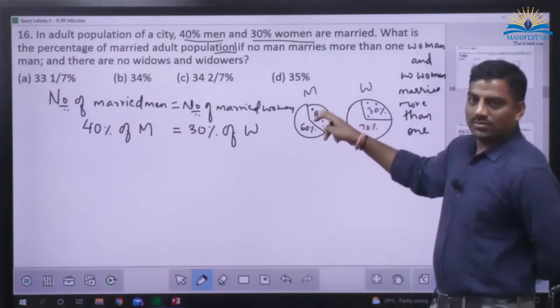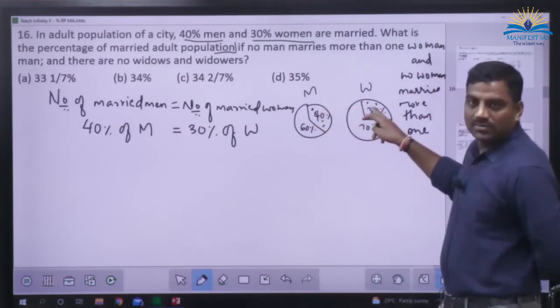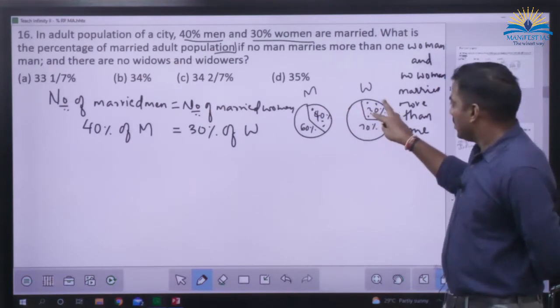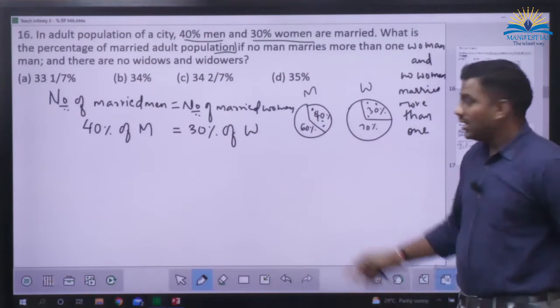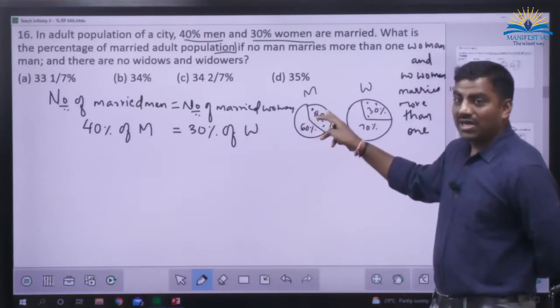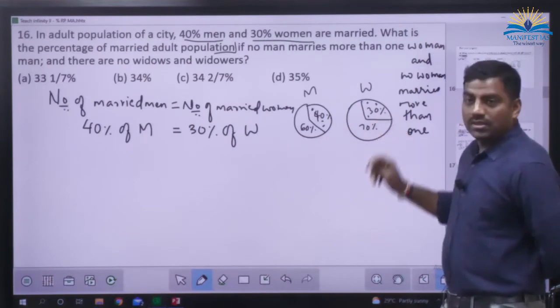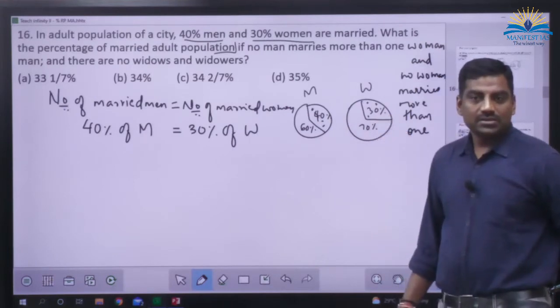All these people have their wives here. But among the women population, they have only 30%. Among the men population, married men are 40%. Among the married women, they are only 30%. That means women population is more.